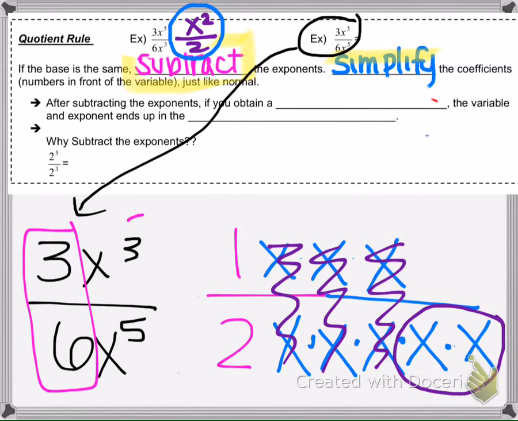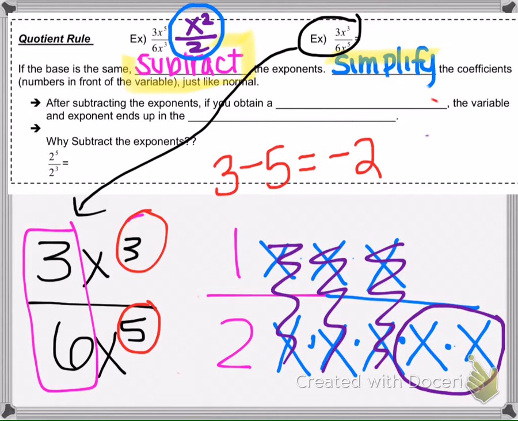It's always the top exponent, 3, minus the denominator exponent, and 3 minus 5 is -2. As you can see here, there's 2 x's left there. So that's what this negative here tells us. When we subtract the exponents, if the result is negative, it's telling us that the x's belong in the denominator.